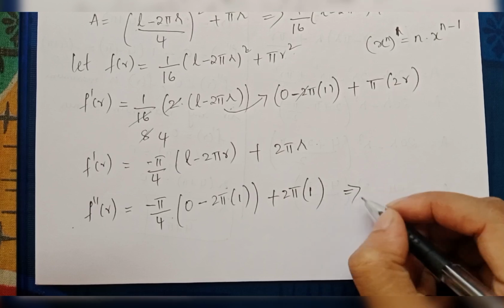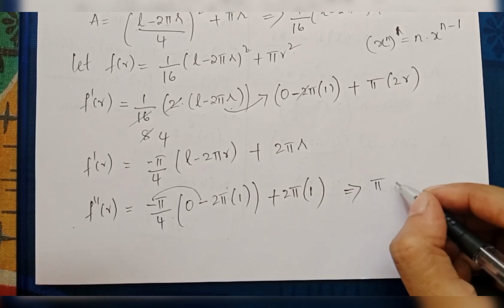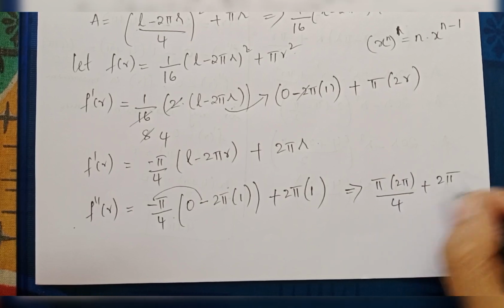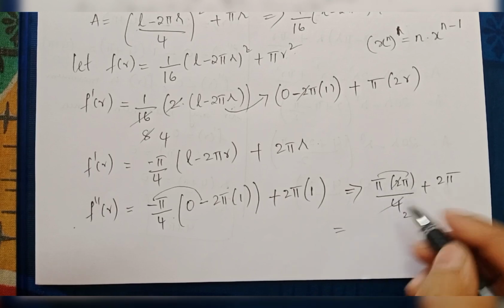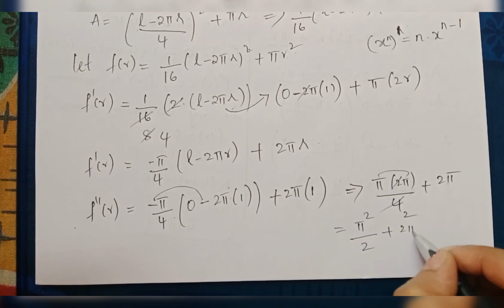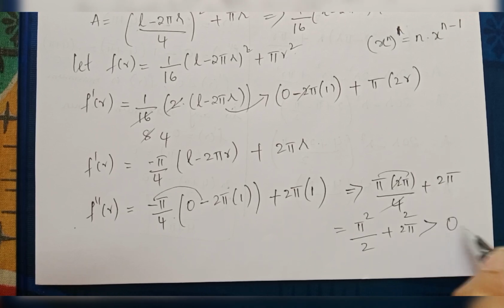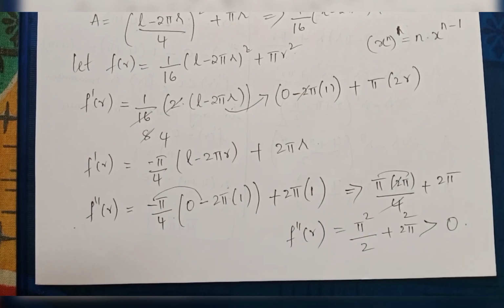So minus of minus becomes plus, so it is pi into 2 pi by 4 plus 2 pi. So pi square by 2 plus 2 pi, which is a positive value, greater than 0. That is f double dash of r.